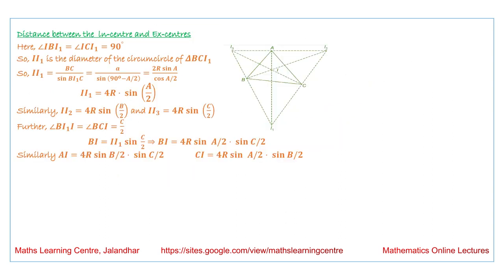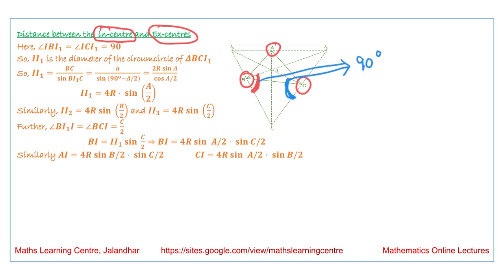Next we have the distance between the incenter and the excenter. Here this is the triangle ABC given to us. We are talking about the distance between the incenter and the excenter I1. If we look at the angle IBI1 and the angle ICI1, both these angles are equal and they are equal to 90 degrees.